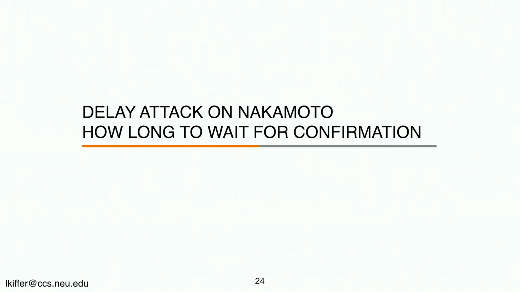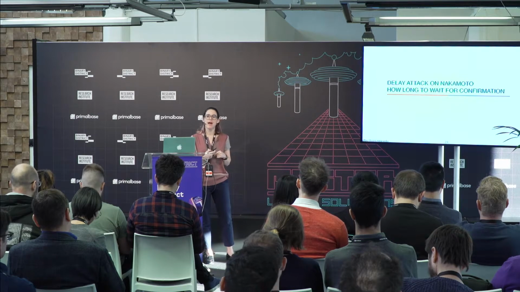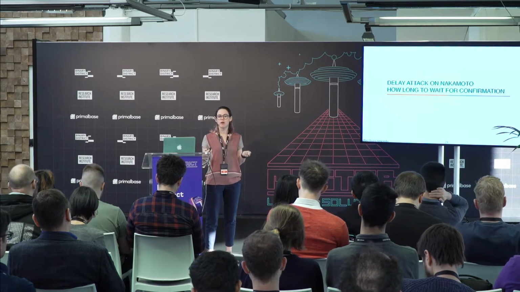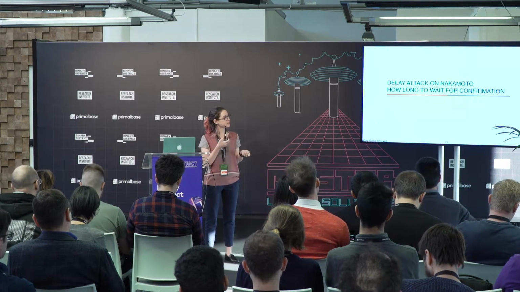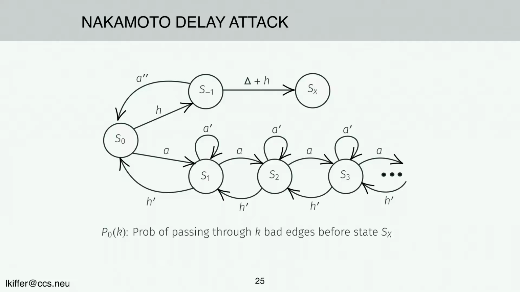And so what we do is we figure out a way to calculate the probability the attack lasts for any given number of blocks. We did this with a slightly more complicated Markov model that I won't go into too much detail. You can check out the paper if you want more. But essentially, it's keeping track of the adversary's chain and then the honest chain, and saying by how much longer the adversary's chain is than the longest chain.